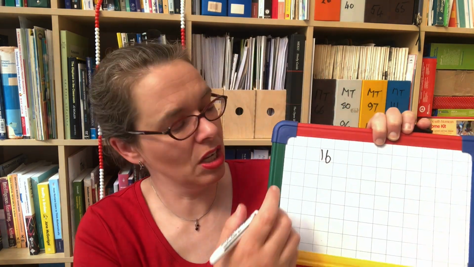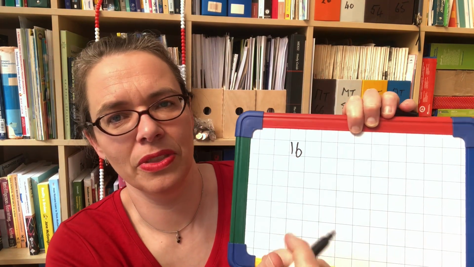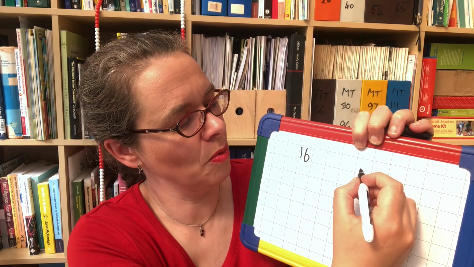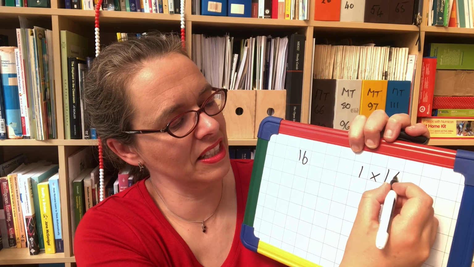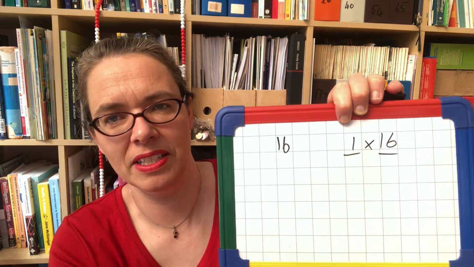And as children play around with this, they will also sometimes come across numbers that they can organise into squares. So if you're dealing with a number like 16, you will get a long skinny rectangle I can't fit on this board. It's 1 by 16, so 1 and 16 are factors and 1 and 16 are a factor pair.